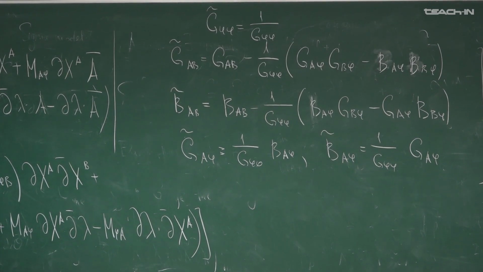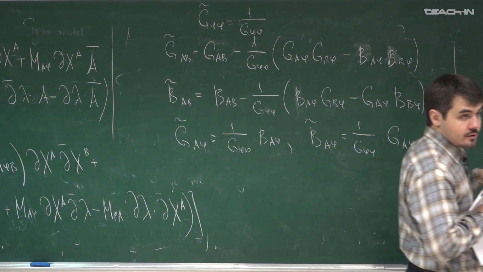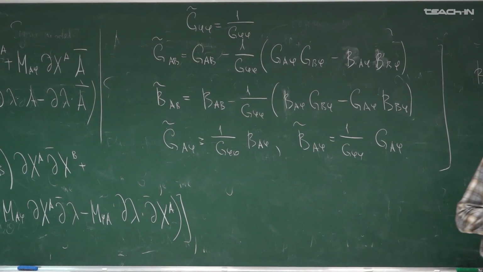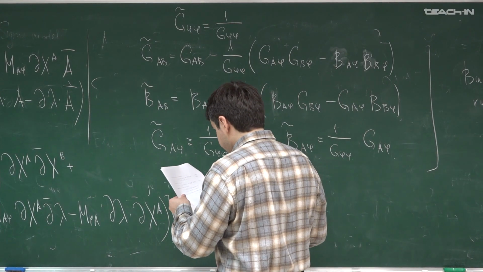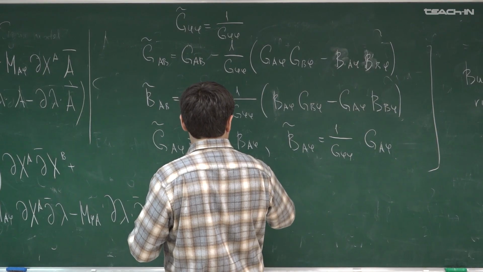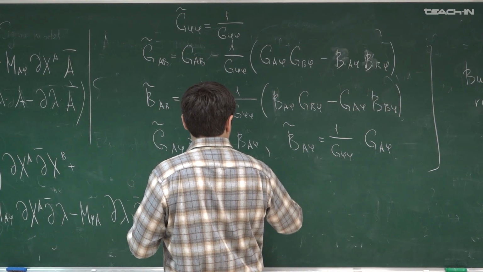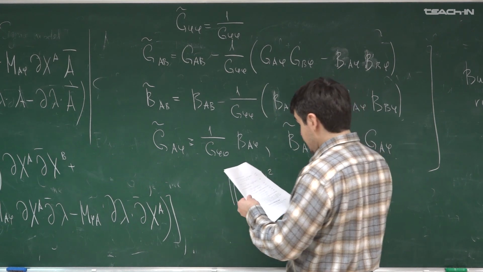So if G phi phi vanishes somewhere, then the new geometry may actually be singular, right? G phi phi is the squared norm of the vector field d over d phi.